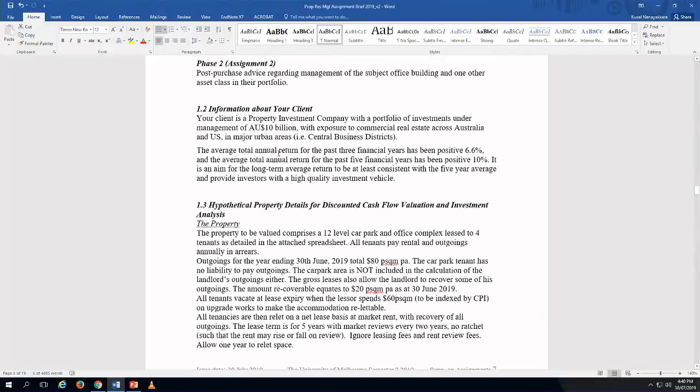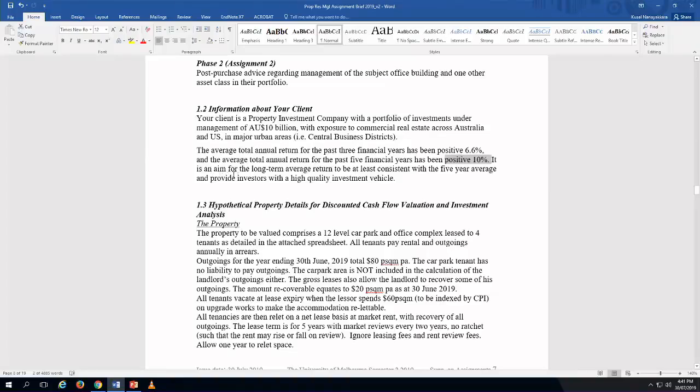The average total annual return for the past 3 financial years has been positive 6.6%. This is for the last 3 financial years. And the average total annual return for the past 5 financial years has been positive 10%. So over the last 5 years it has been a very good return, which is 10%, and for the last 3 years it's 6.6%. Not performing very well, could be market condition.